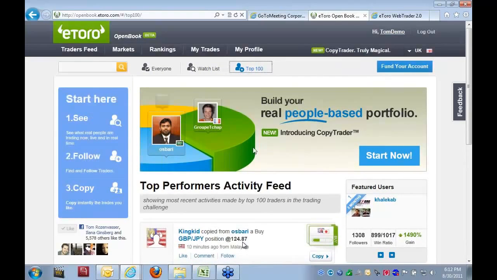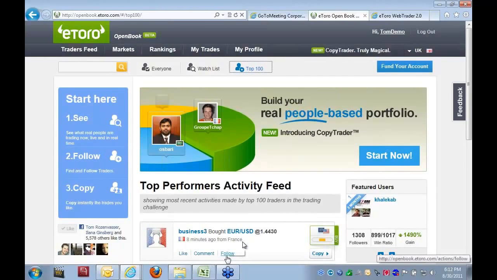Very good. So now we know what we can see. Follow, I already showed you that as well. You can follow people, you can add them to your watch list, but we can also copy, and that's the main benefit of the open book. Now here you can open positions one after another, but is that really valuable? How will you know if you should open and copy this position, this buying of the euro dollar at this rate?